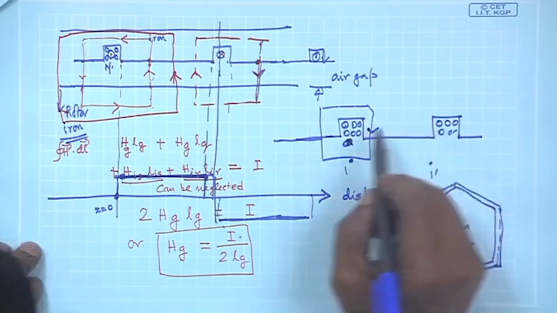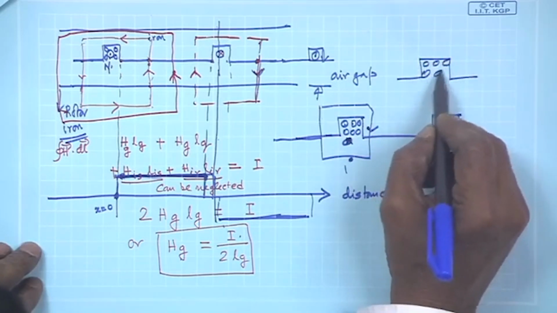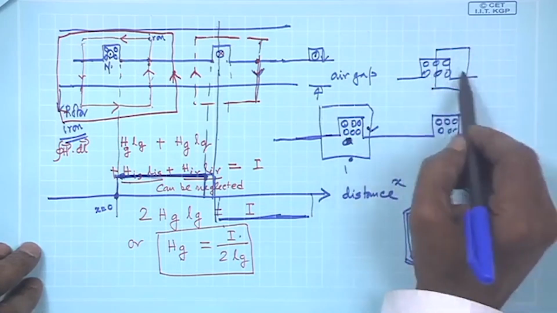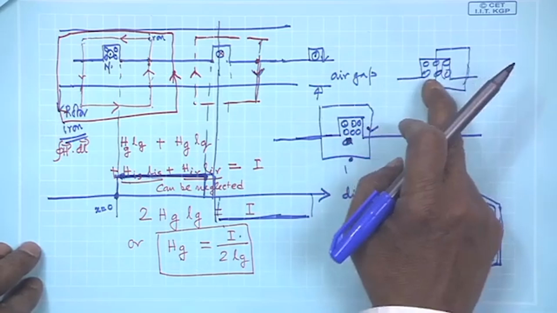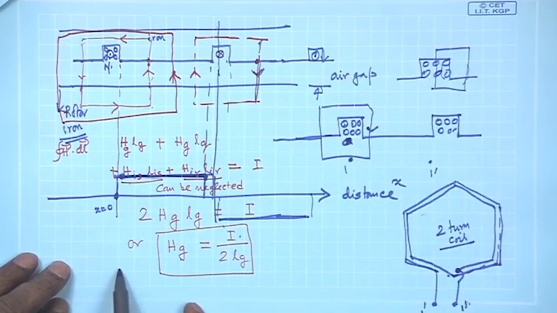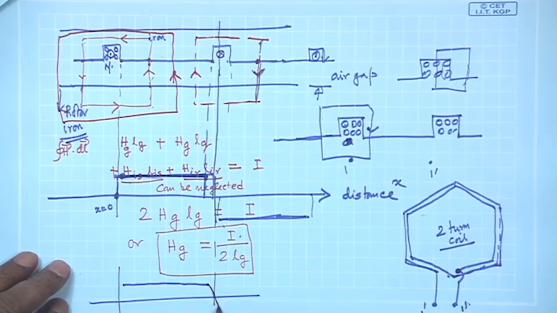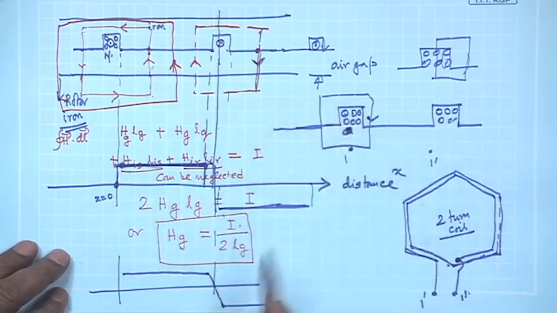Now, if it is a multi-turn coil like this, and if you choose lines of force like this, then H dot dL will be the current enclosed here, not all the things, it will be slightly lesser. So, what happens, correct sketching perhaps will be like this, it is constant here, then it decreases here, and then this one, that is taking into account each current crossed and deleting those currents.